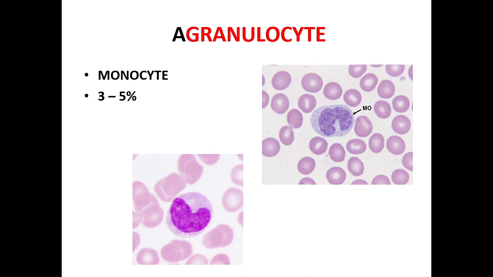The monocytes are the largest of the agranulocytic series. So they differ in the appearance of the nucleus.